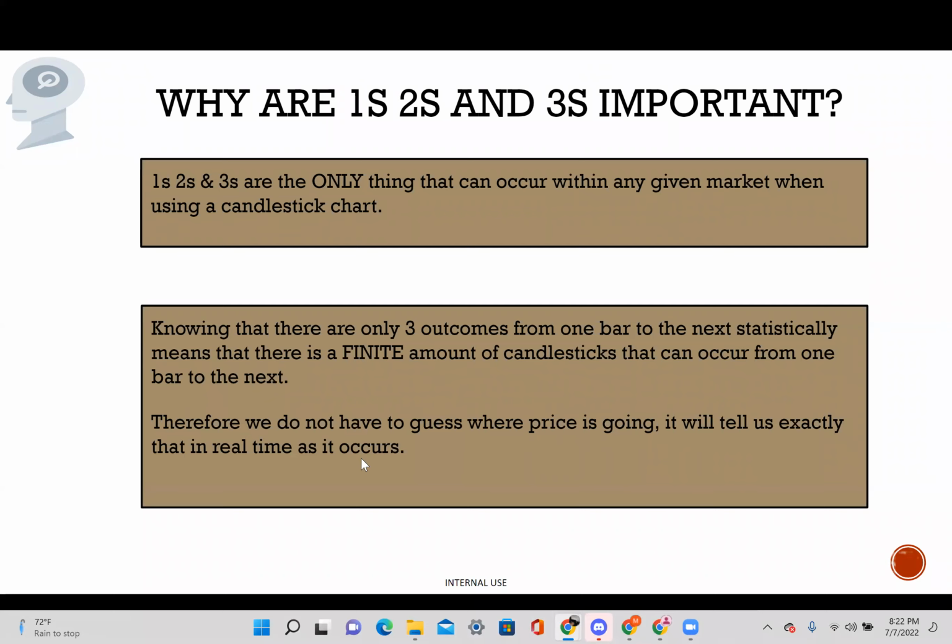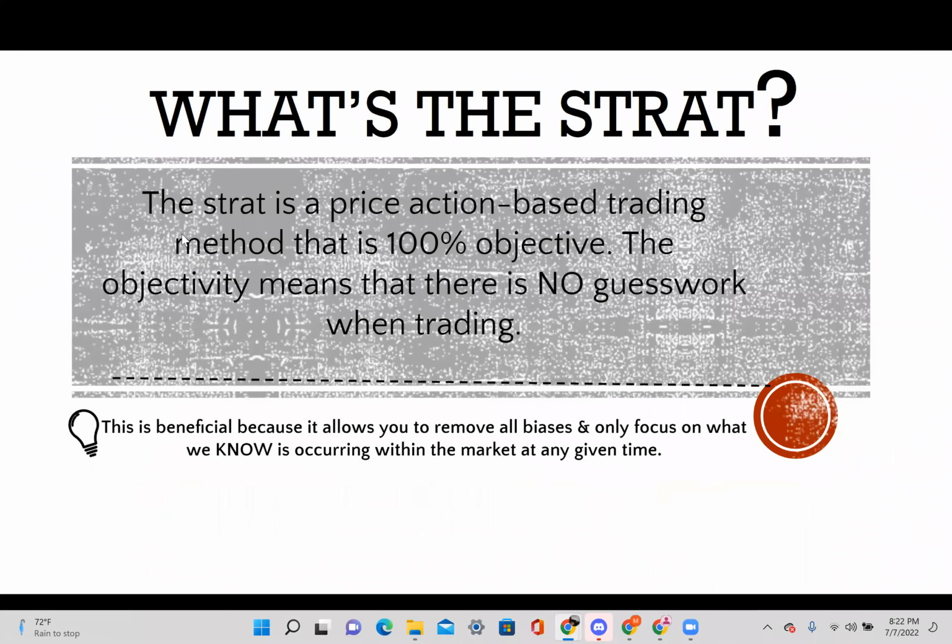And that goes back to what I was saying when we were looking at the first slide. What is the Strat? The Strat is a price action based trading method that is 100% objective. The objectivity means that there is no guesswork when trading.